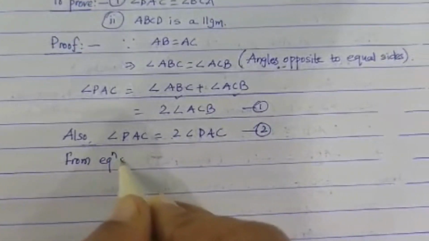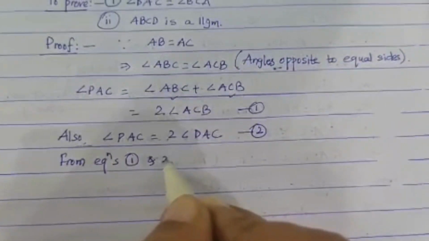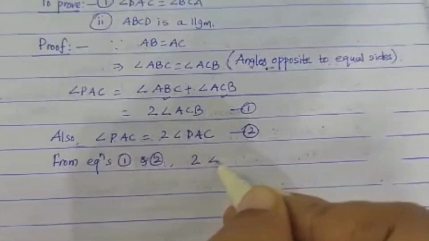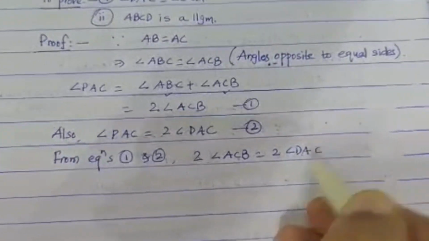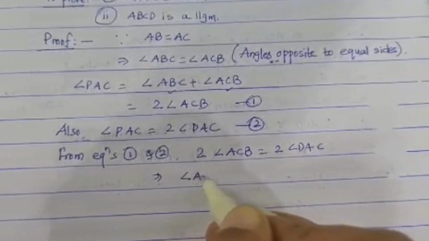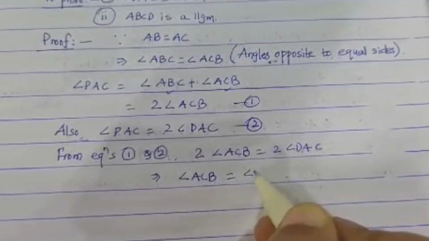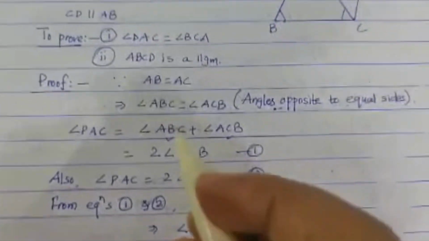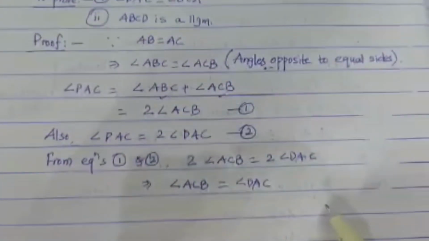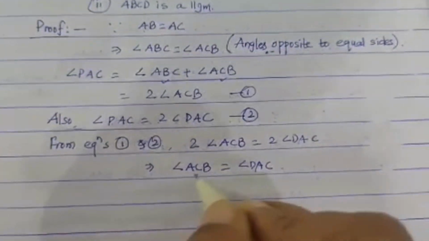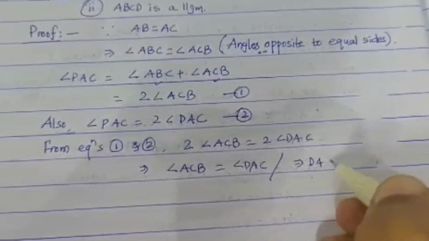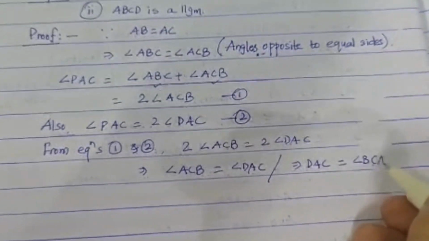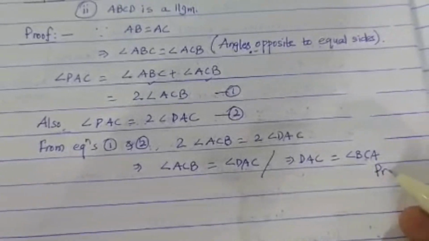From equations 1 and 2, we can say twice angle ACB is equal to twice angle DAC. This implies angle ACB is equal to angle DAC. This was the first thing we have to prove: angle DAC is equal to angle BCA. BCA and ACB both are the same. So this is proved.